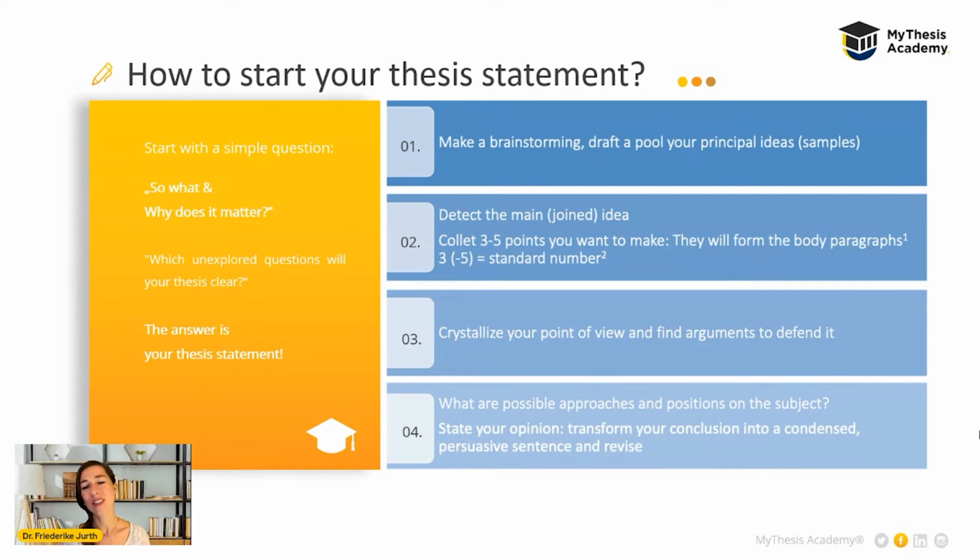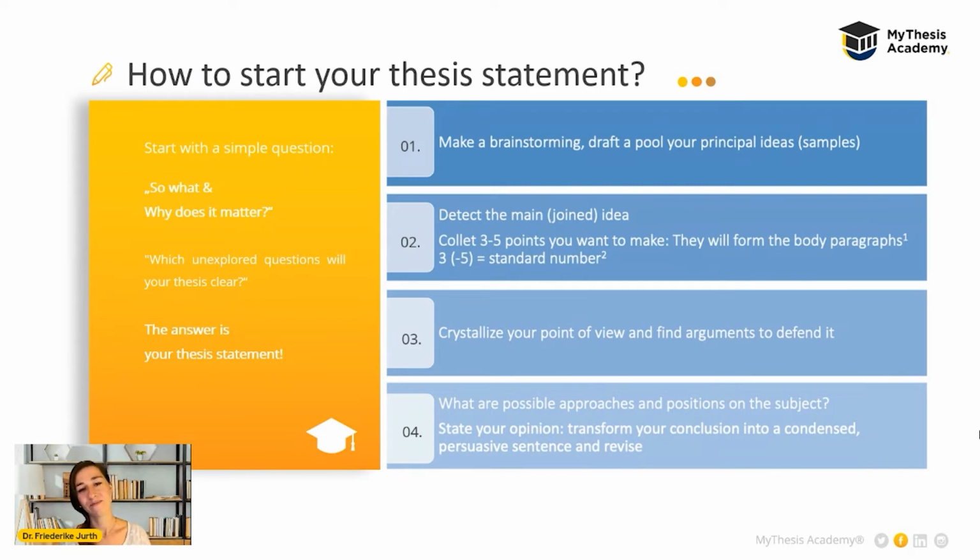So the first step that you should take is a brainstorming where you draft a pool of your principal ideas. Then you get over to a detection of the main idea. Here you may collect 3 to 5 points. 3 to 5 points is a standard number of arguments, and they will form the body paragraphs.